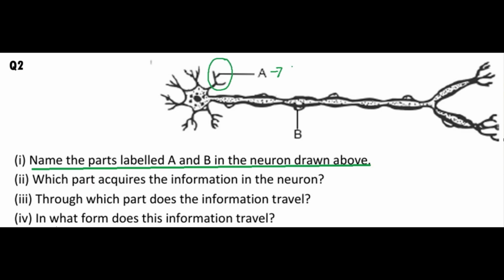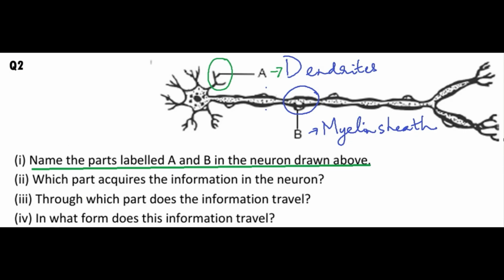A part is dendrites. And then we have to label the B part. This is the B part. The B part is the myelin sheath of the neuron.